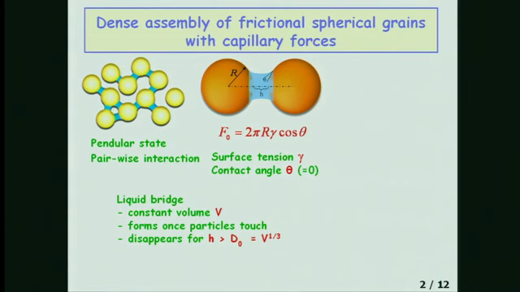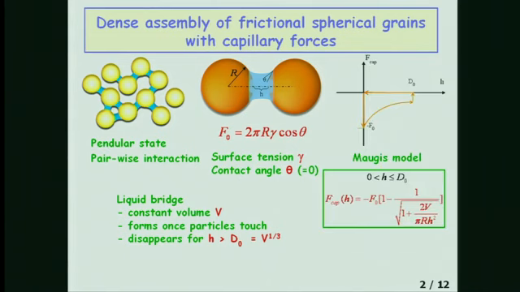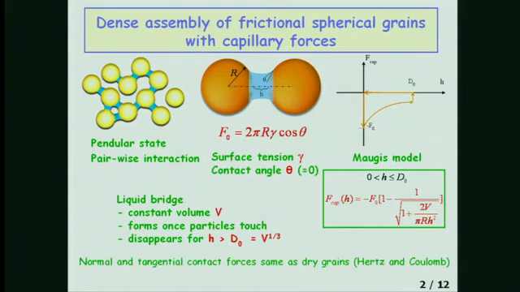The dependency of the capillary force as a function of the distance between the grains has been chosen to be described by the so-called Mogis model, while the other contact forces, normal or tangential, are described as usual for dry grains.